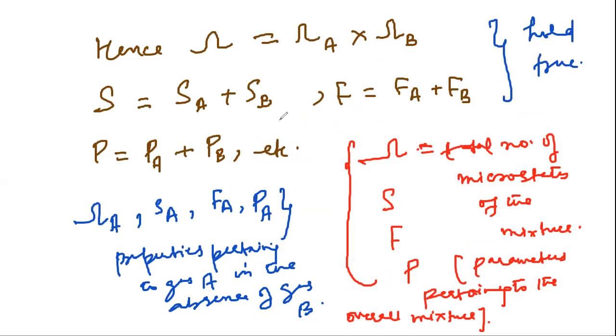So it is the entropy due to gas A when gas B is absent plus the entropy of gas B when it is placed in the same box in the absence of gas A.